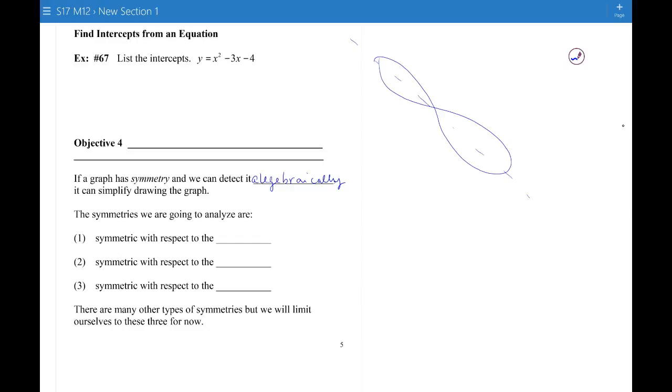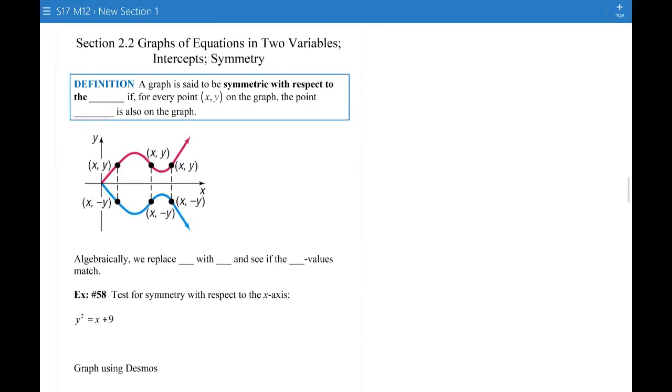You can see that this shape has symmetry about this axis, where if I fold it over this axis, it matches up. It also has symmetry about this axis, where if I fold it over this axis, it matches up. We're going to look at symmetry with respect to the x-axis, the y-axis, and the origin. Those are the three kinds of symmetry that frequently occur. There are other kinds, but those are the three we're going to focus on.